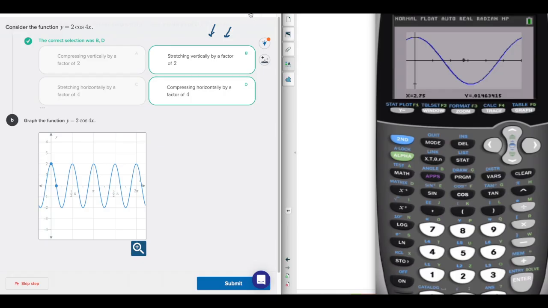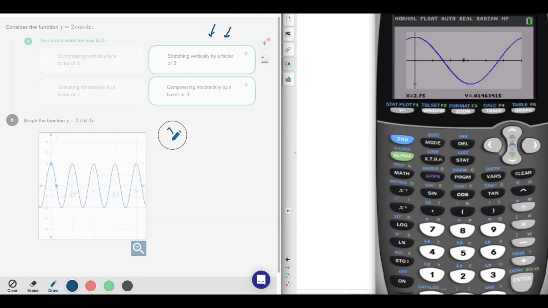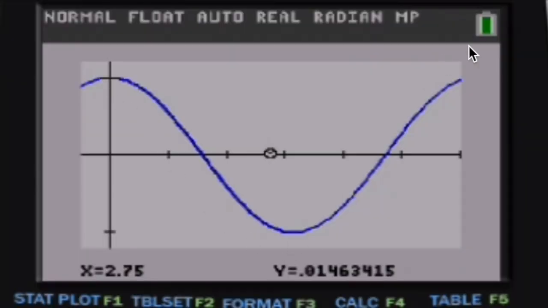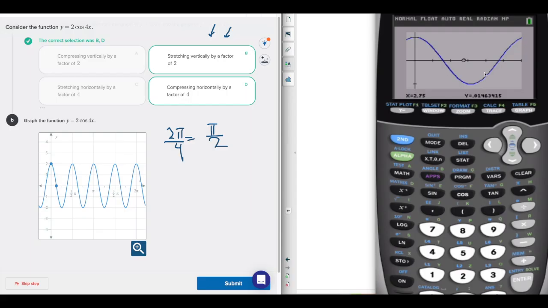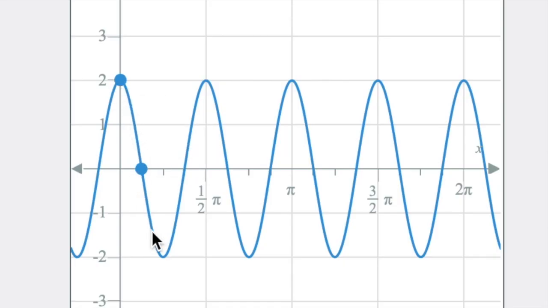And I know that 2 pi over 4 means one full cycle will be at pi over 2. So this shape here needs to be made from 0 to pi over 2. And you can see that's how it is right here. So that's one full cycle there, 2 full cycles, 3 full cycles, and then 4 full cycles stopping at 2 pi.